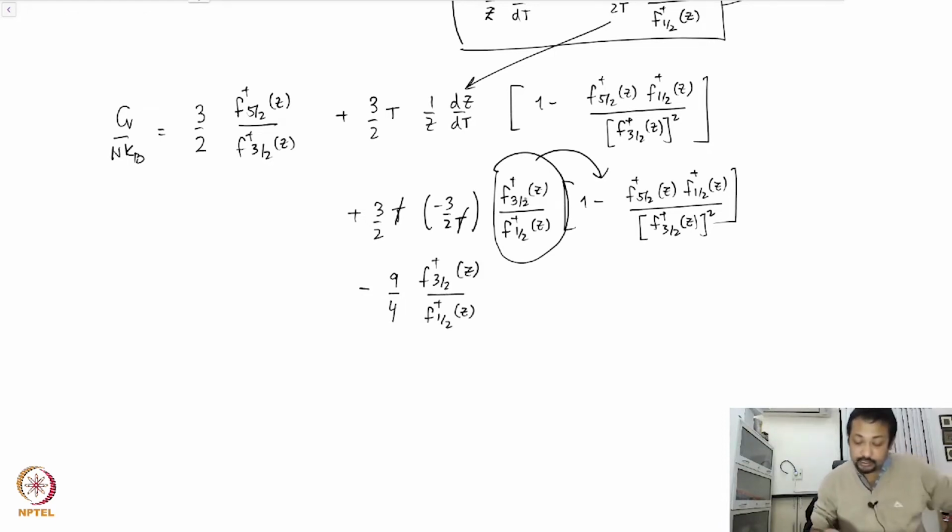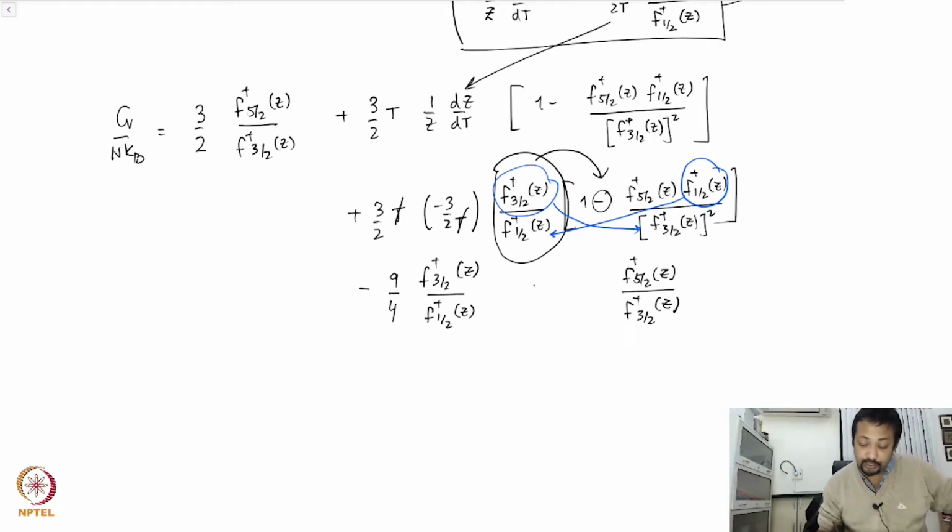Now you notice that one factor of f plus 3 by 2 of z cancels with one factor here, and the f plus half in the numerator is completely cancelled by the f plus half in the denominator, so that you will have f plus 5 by 2 of z divided by f plus 3 by 2 of z, and then you have a minus of 9 by 4 and a minus over here, that gives you 9 by 4.